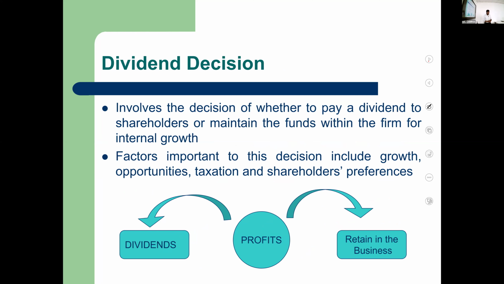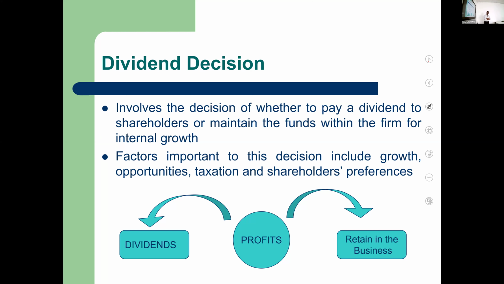Next, what is the next one? Dividend decision. You know now. What is dividend decision? Yes, which means out of your profit, how much you are going to retain for your internal growth or the future growth, as well as how much you are going to pay as dividend to the shareholders, right?